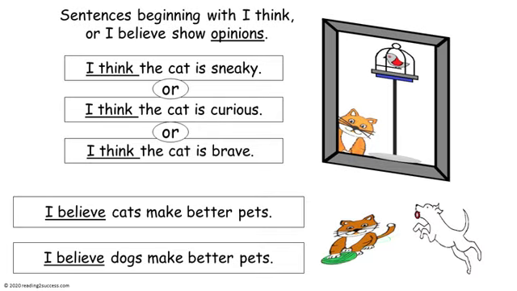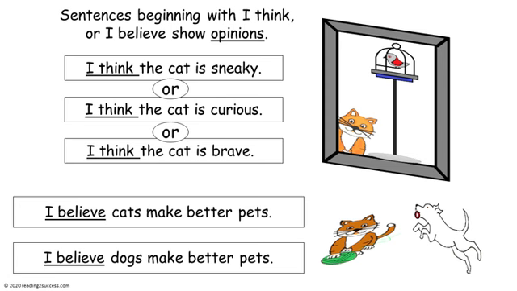Sentences beginning with I think or I believe show opinions. Let's look at our 3 examples of the cat looking around the corner at the bird. Somebody might say, I think the cat is sneaky. Someone else might say, I think the cat is curious.